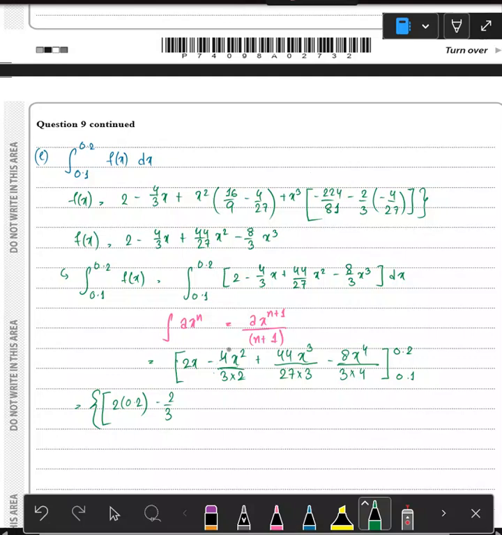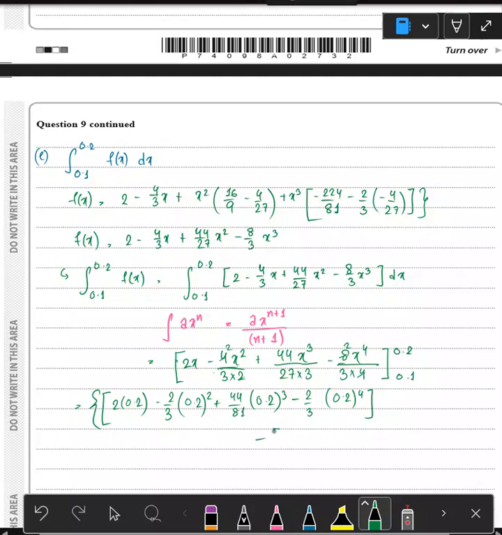And substituting x with 0.2, so it's 0.2 square, plus 44 divided by 27 multiplied by 3 is 81, so 44 by 81 multiplied by 0.2 whole cube, negative 8 by 3 multiplied by 4, so this can be written as negative 2 by 3, x to the power 4, x would be 0.2 to the power 4.